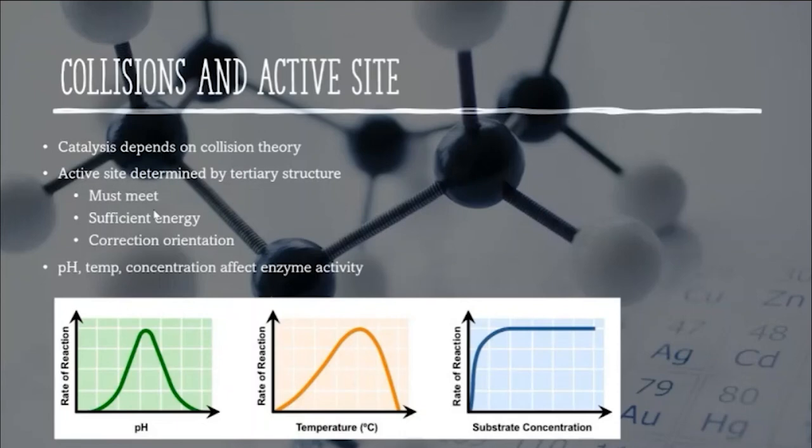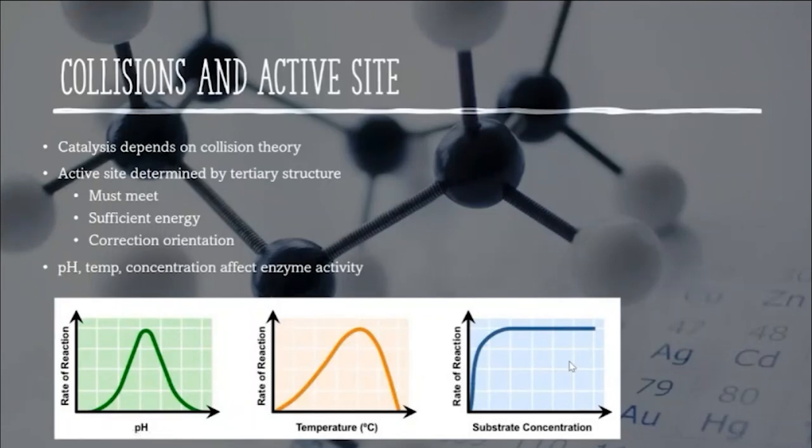The more frequent the collisions, that is when you have higher temperatures and concentration, that is going to cause more frequent collisions. With temperatures increasing, that's going to cause more kinetic energy. With concentration increase, that's going to be more chances to collide because things are so densely packed.